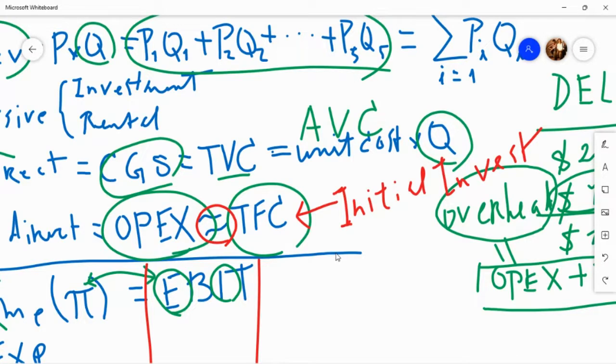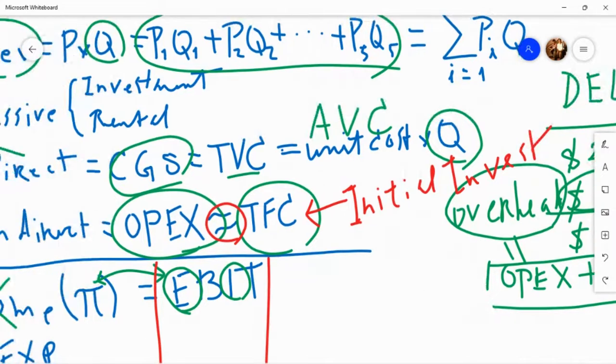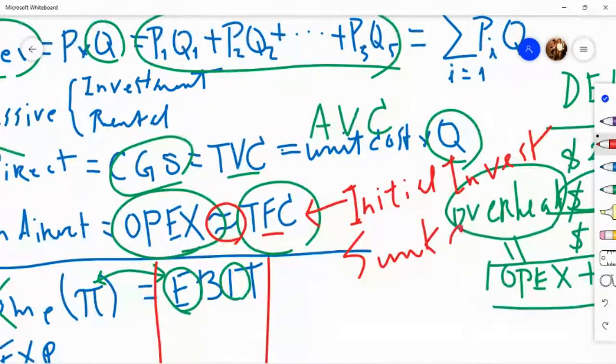It was already incurred. It was already spent. It doesn't change with the production level, and in that sense, it's called fixed cost, total fixed cost, meaning it doesn't change with quantity. Hence, it's also called sunk cost, right? Because it's sunk. This $100 million is already sunk into this business, sunk into this project.